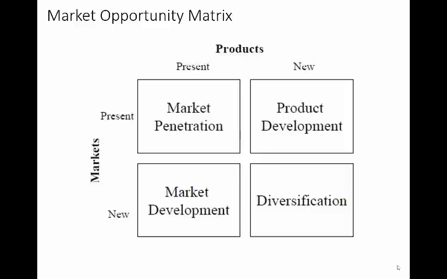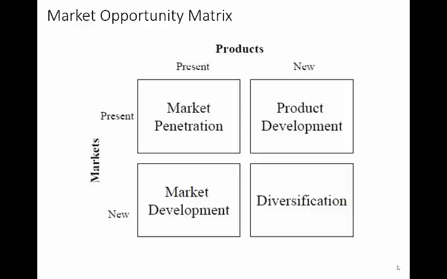The third quadrant is market development. This means that we would take the same products that we are already offering in a market, but we'll take them to a new market. And when we say new market, oftentimes what comes to mind is a geographic change, and that might be the case. It may be that we pursue a new region or a new country, but it could be other types of markets as well.